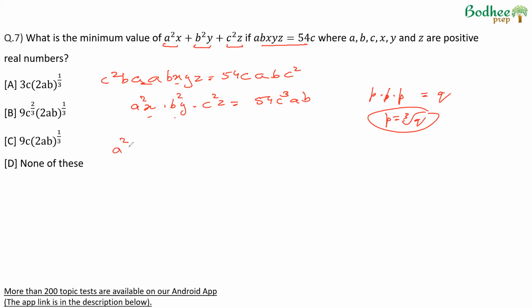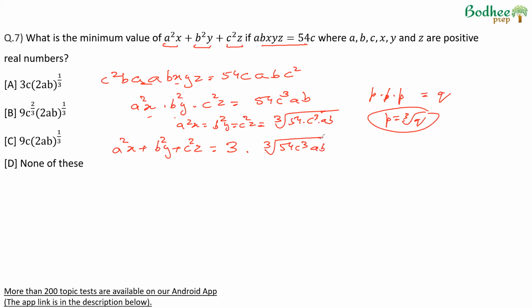So if you're looking at a square x plus b square y plus c square z, each of these terms has to be equal, and it will be the cube root of 54 c cube ab. So here we'll have this term added thrice, so 3 into cube root of 54 c cube ab.